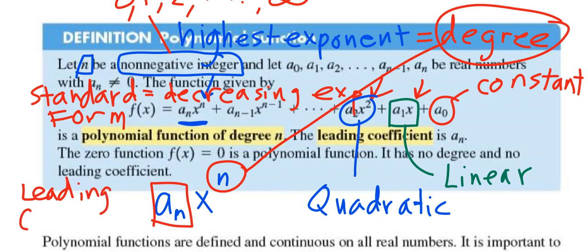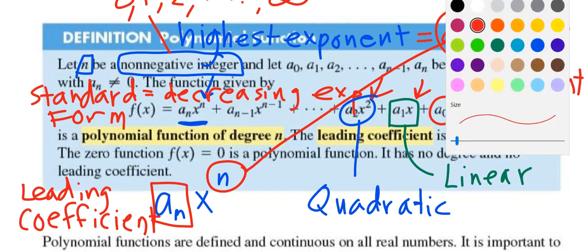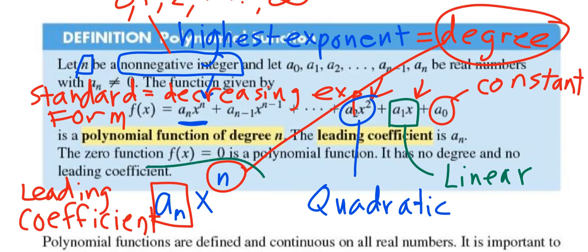I probably will abbreviate that as LC in the future, but that is the leading coefficient. This whole thing is called the leading term.